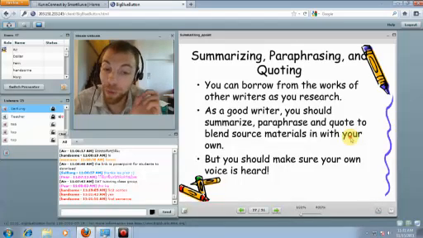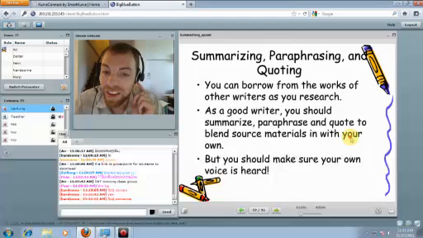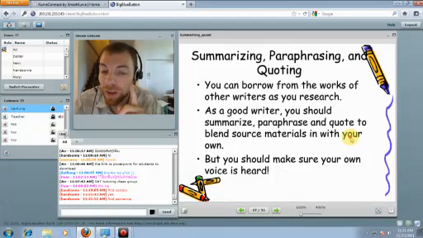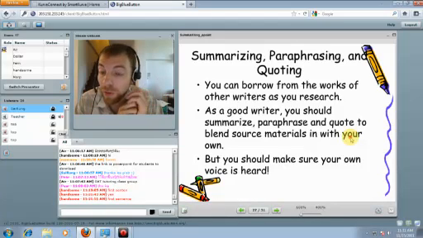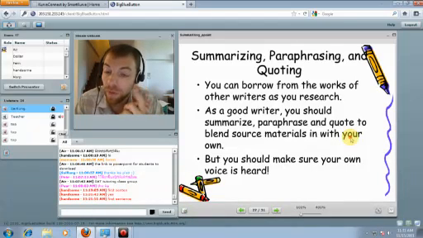Now, that's very important: when you use these ideas, you're going to do one of two things. You can either use the idea word for word, make it a quotation, and tell the reader whose idea this is, or you can paraphrase.